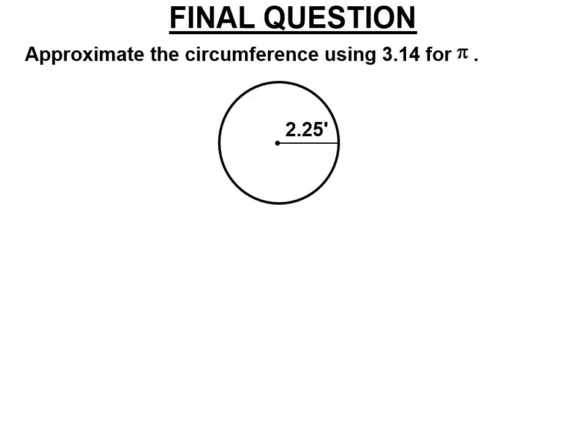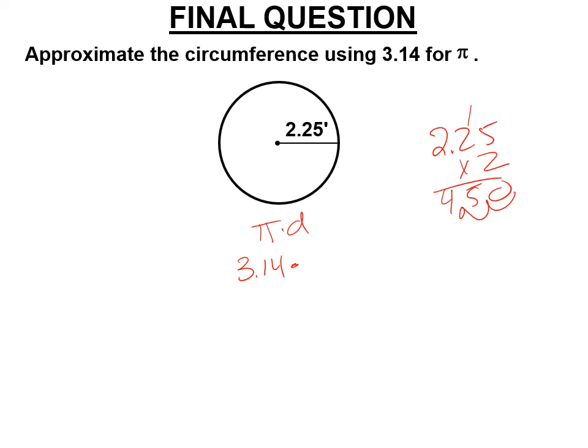So we're going to approximate this using 3.14 for pi. It's pi times diameter, but we're using 3.14. What is the diameter here? Oh, it's 2.25 times 2, which is 4.5 is the diameter. So that's the multiplication here. All the way across is 4.5.